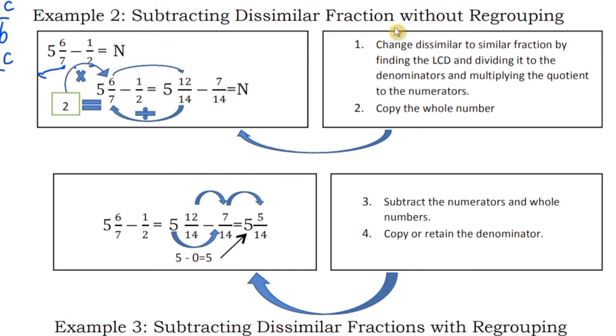So what we will do here is to get the LCM. So the LCM for this, we are going to have 7, 2. Using the continuous division, 7 divided by 7 is 1. 2 divided by 7 cannot be.